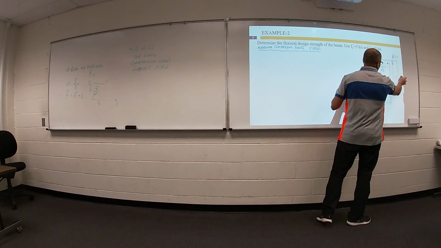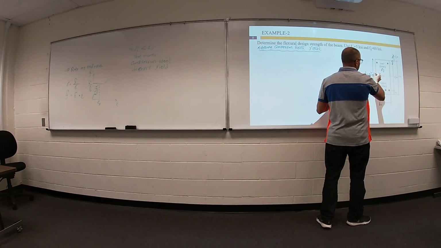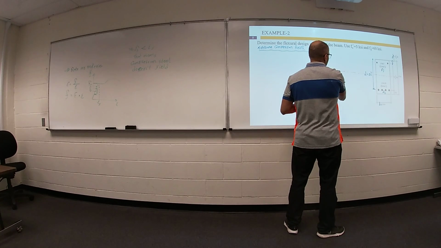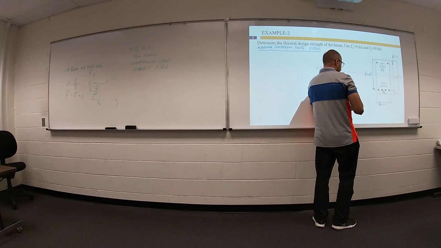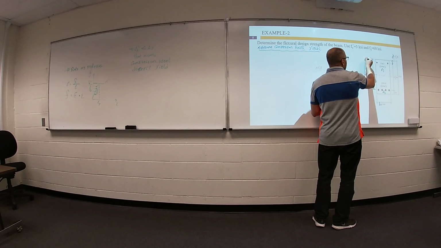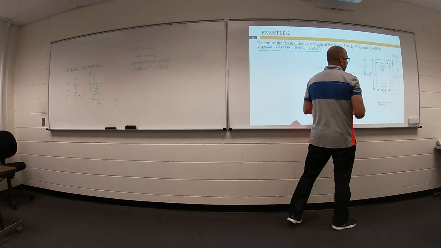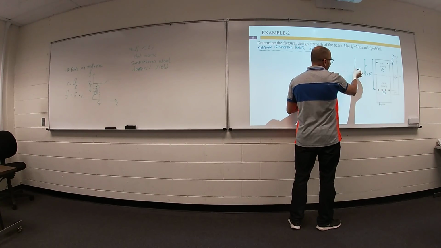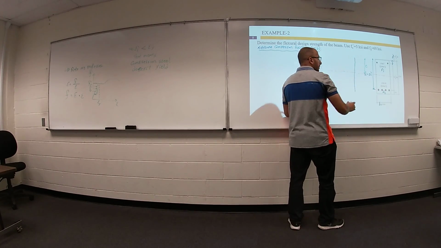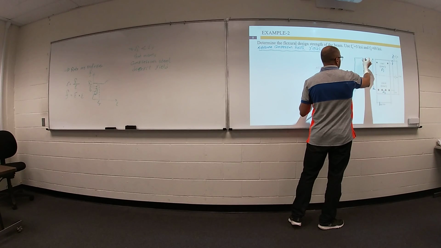Here we have something called the neutral axis. This neutral axis has a distance c from the top. We have something called the strain distribution, which looks like this.